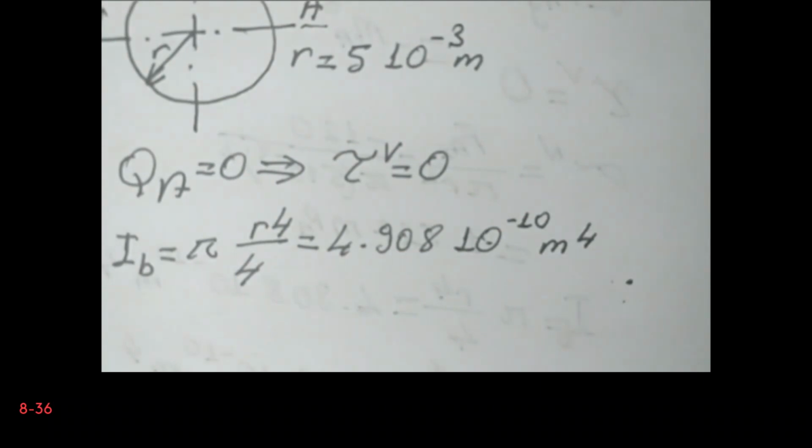Okay, this is the bending moment of inertia, but in fact we need to calculate the rotational moment of inertia for the cross section. Rotational moment of inertia for the circle is P r to the power 4 divided by 2.